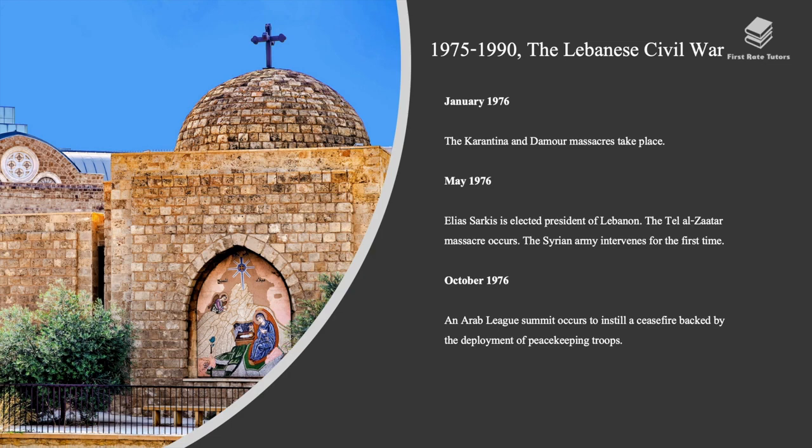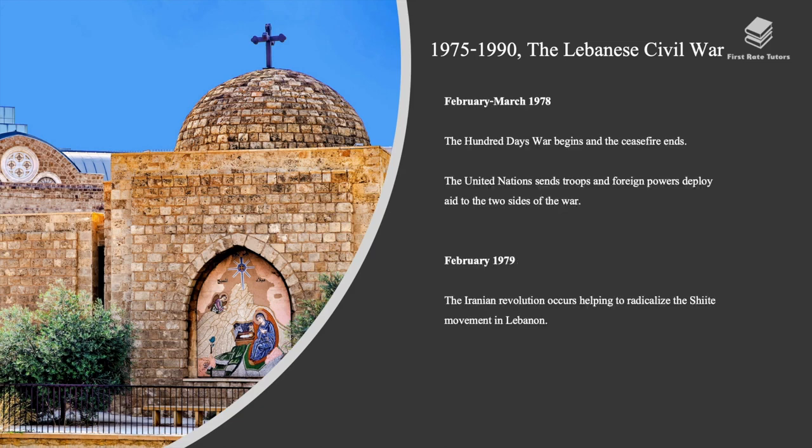In October 1976, an Arab League summit occurs to instill a ceasefire backed by the deployment of peacekeeping troops. Between February and March 1978, the 100 Days War begins and the ceasefire ends. The United Nations sends troops and foreign powers deploy aid to the two sides of the war.